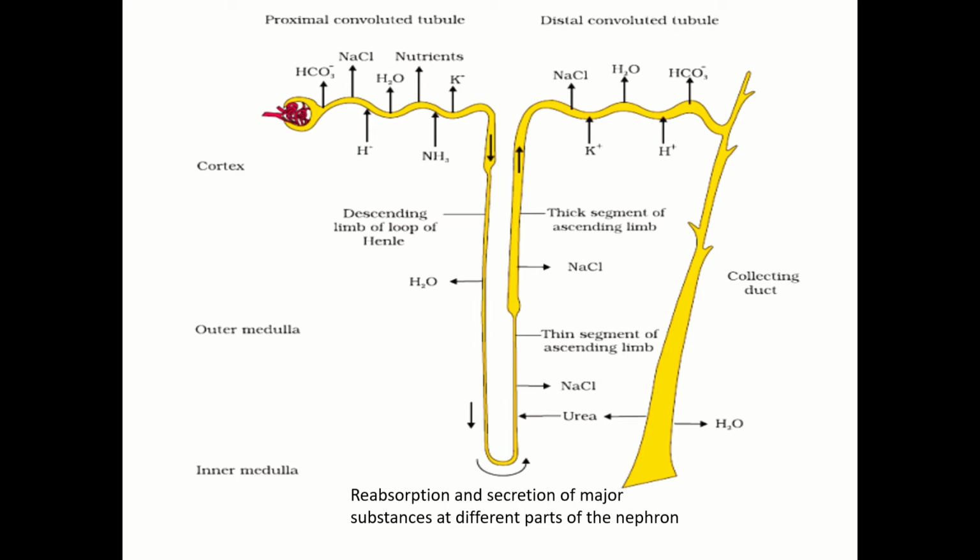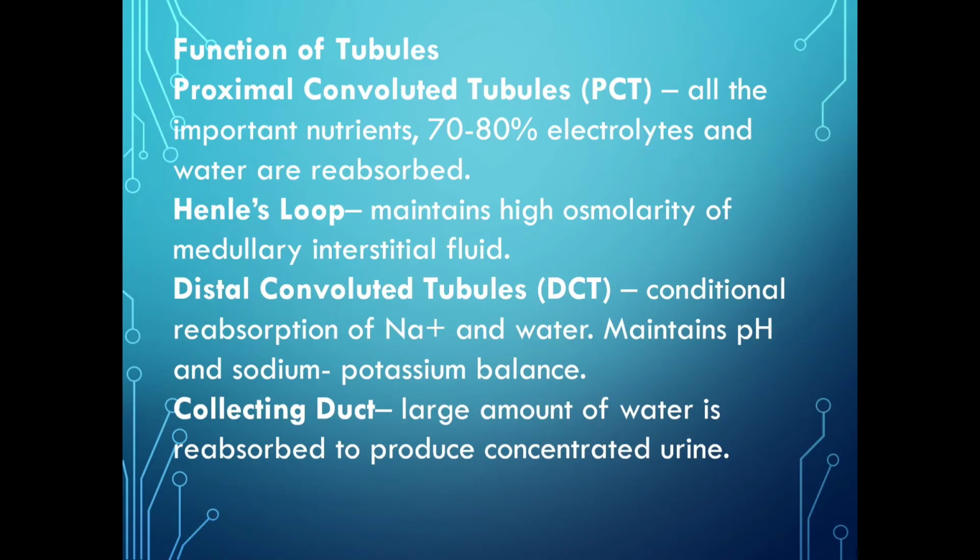It also plays a role in maintaining pH and ionic balance of the body fluids by selective secretion of potassium ions and hydrogen ions. These functions of tubules are shown in different parts like PCT, Henle's loop, distal convoluted tubule and collecting duct.